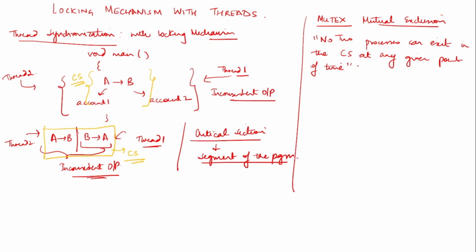This means no two processes can enter the critical section at any given point of time, because we want mutually exclusive access of that area for any particular thread. This is the meaning of mutual exclusion.